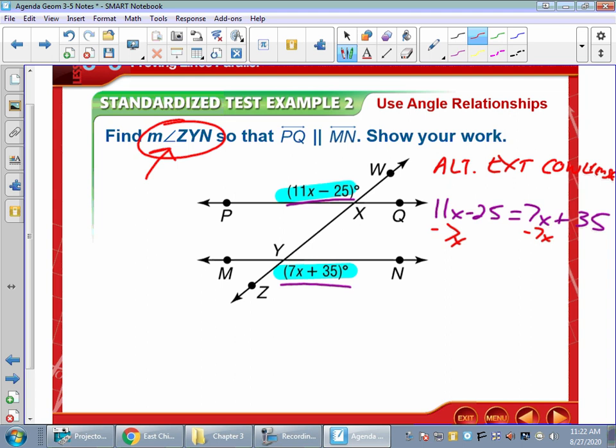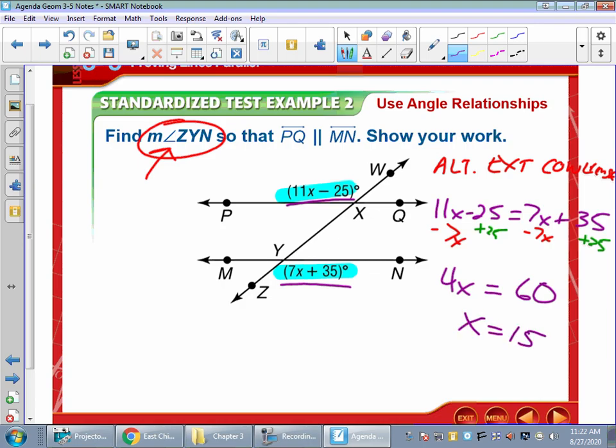We're also going to have to add 25 to both sides, a multiple step algebra problem. So now I've got 4x here, 11x minus 7x, 4x. We cancel out the 25s. On the other side, the 7x's cancel, and we're given 60. 35 plus 25 is 60. Then when I solve for x, x is going to equal 15.